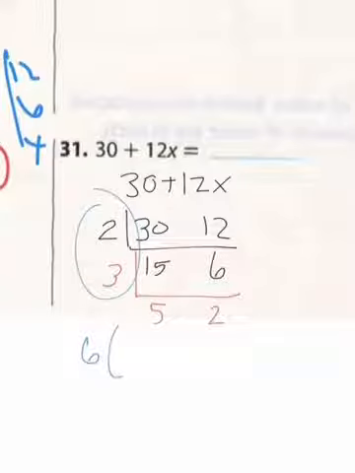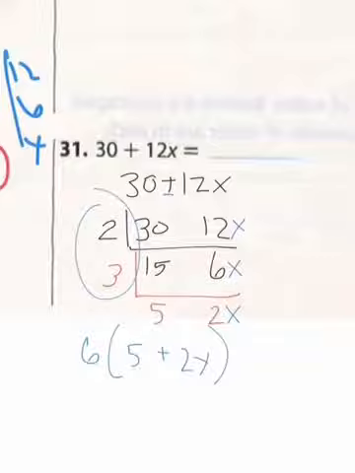So 6, and this was x and x, right? So I need to keep my x there as well. So I have 6, and in the parentheses I'm going to have 5. And what do I have here? I have a plus sign, so I'm going to say plus, and then my 2x. So that's how I distributed it out. And that is number 31.